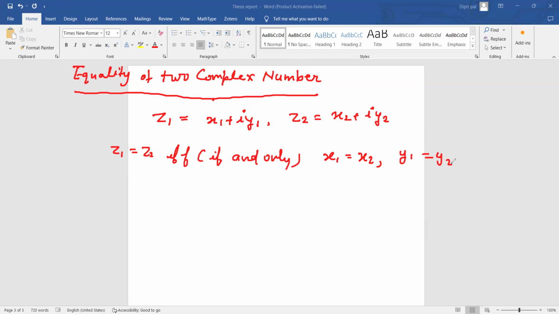Means if we talk about complex numbers, the comparison is not done. We can't say which complex number is greater or which is lesser. Greater than or less than have no meaning in the set of complex numbers.